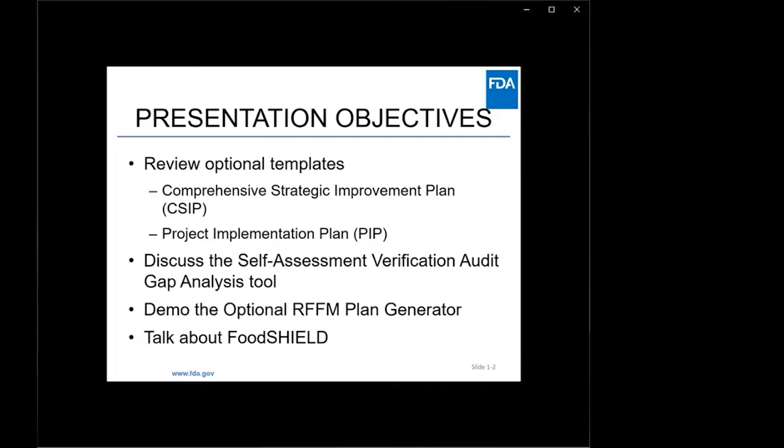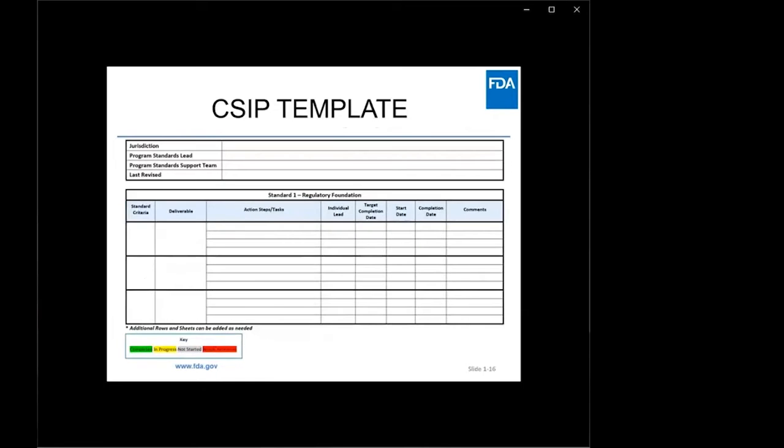Next, I'm going to provide a demonstration of an optional retail flexible funding model plan generator, which is a system based in Excel to help you draft comprehensive strategic improvement plans and project implementation plans, all with the click of a button, as well as track some of your work in the standards. And then lastly, I will talk briefly about Food Shield, our resource center where jurisdictions can share materials and learn from and support each other.